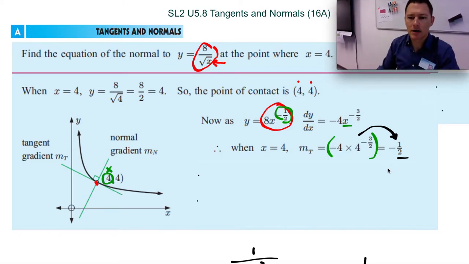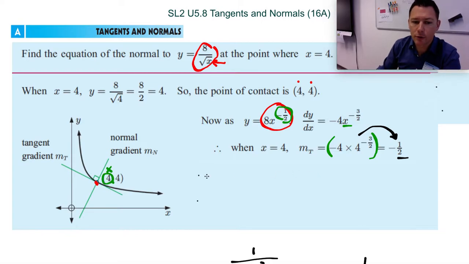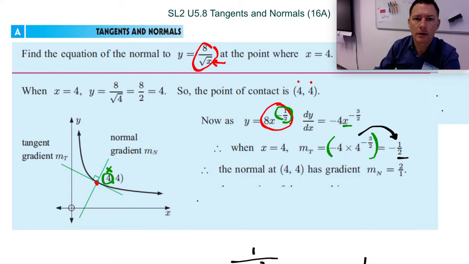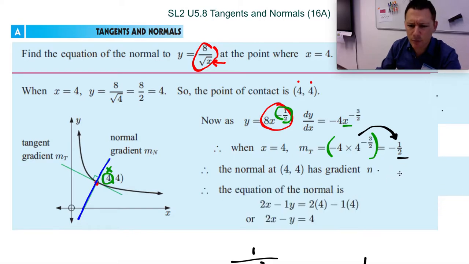All right. So we know that this is the slope at this point, so then we're going to take the opposite reciprocal. So it's normal. This guy has the opposite reciprocal slope, so positive 2 over 1. And now we can throw it into whatever your favorite linear equation is.